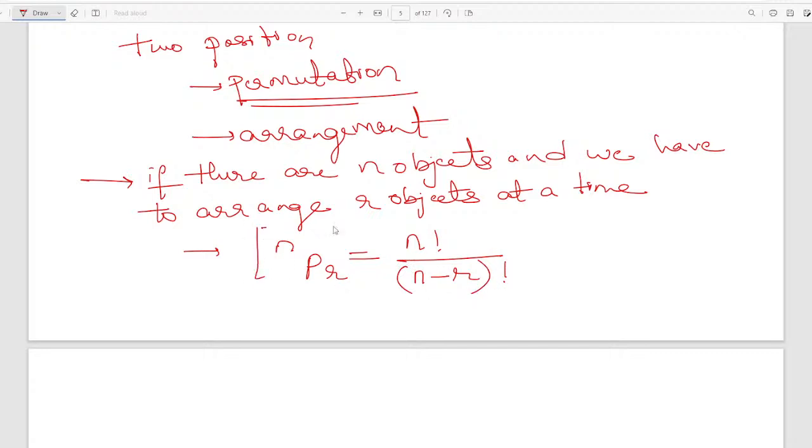This is for the arrangement. In this case, the order is also important.